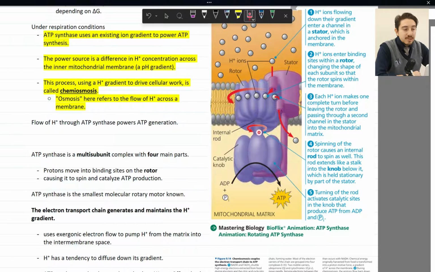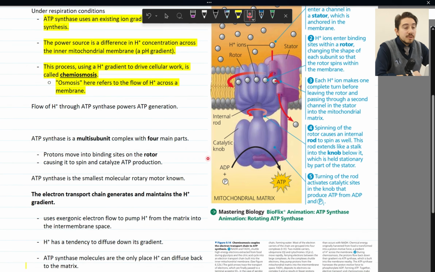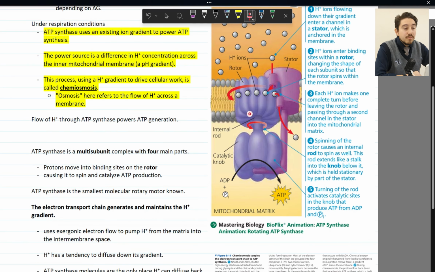This axis is called the internal rod. And then you have an area called a catalytic knob where the actual ATP synthesis is occurring. So there are four main parts: your stator, rotor, internal rod, and the catalytic knob.